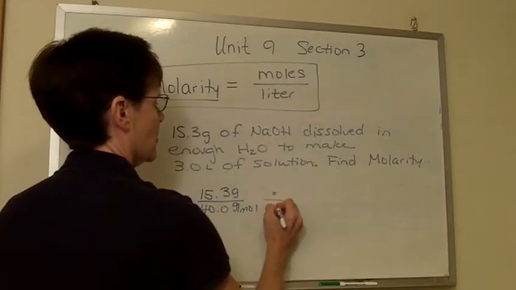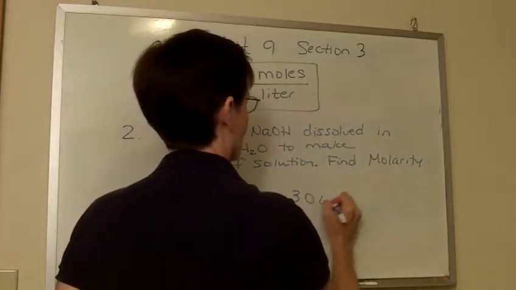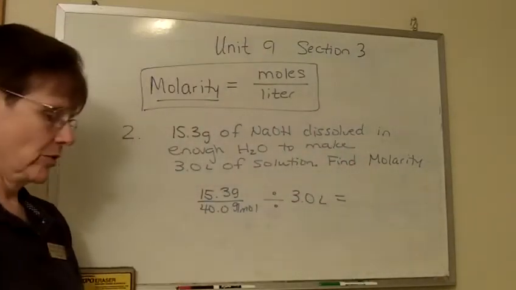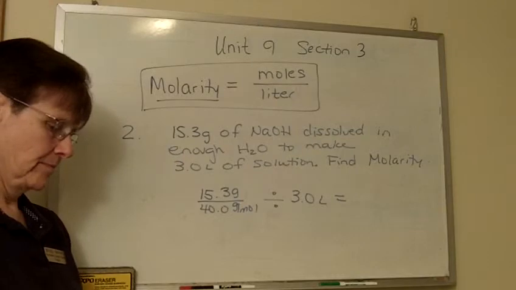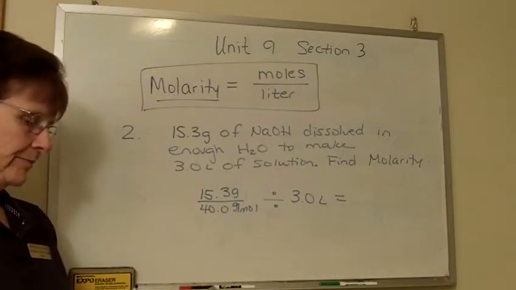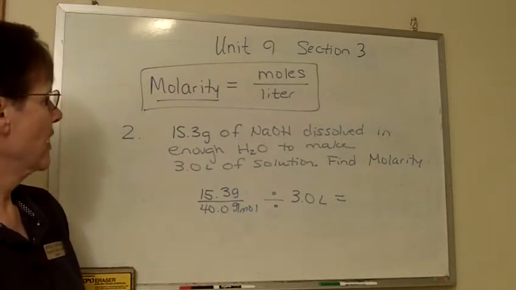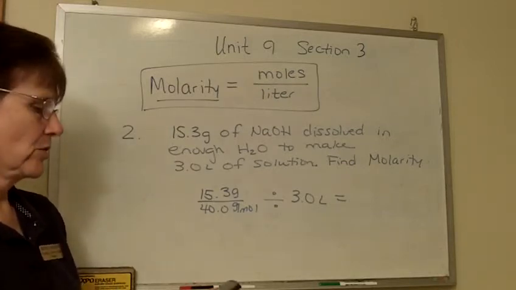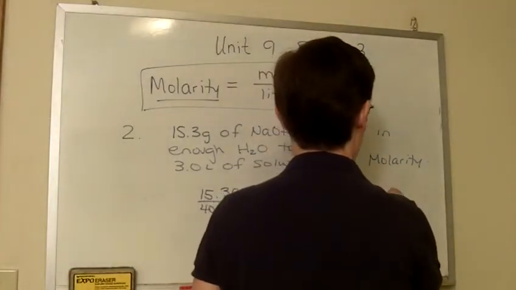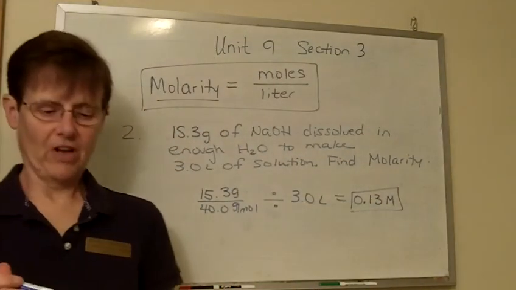So let's do this all in one step, divided by 3 liters. Calculator, 15.3 over 40, and then divided by 3. 0.1275, I have 2 significant figures, so 0.13. And there is our final answer.